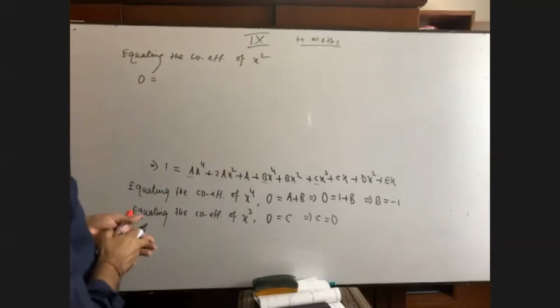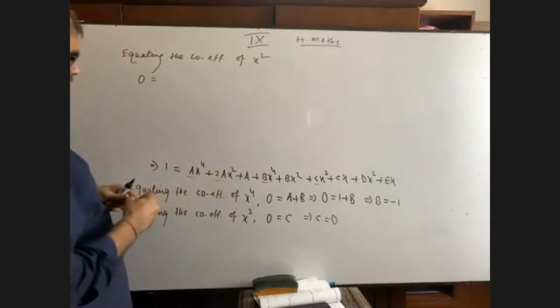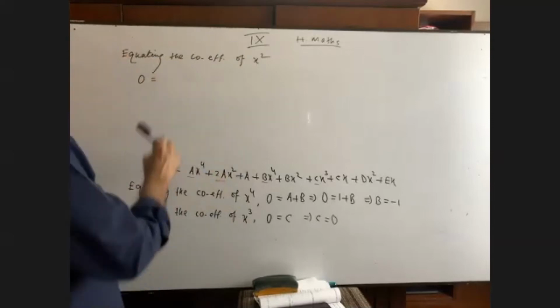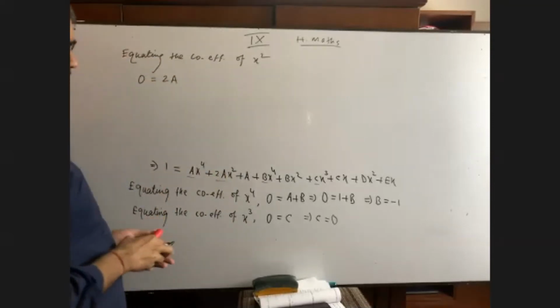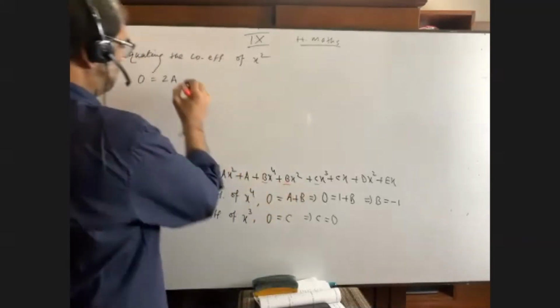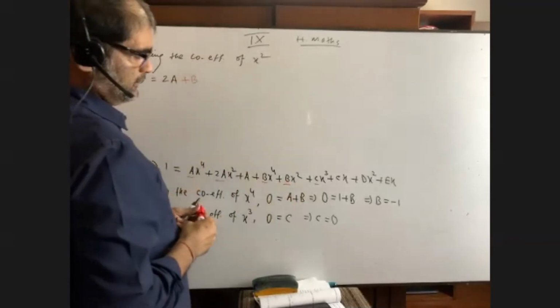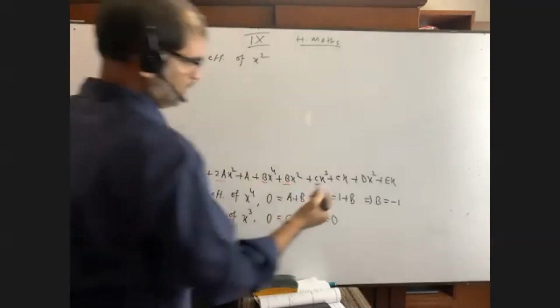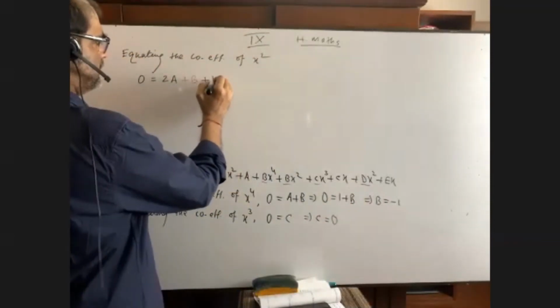We are getting x square: it is 2a, write down 2a. Then it is b, write down plus b. And it is d, write down plus d.